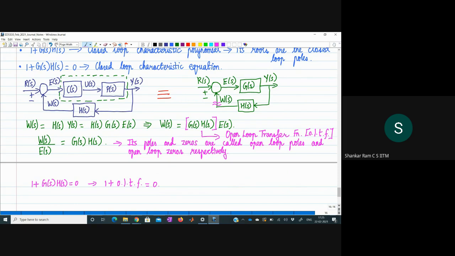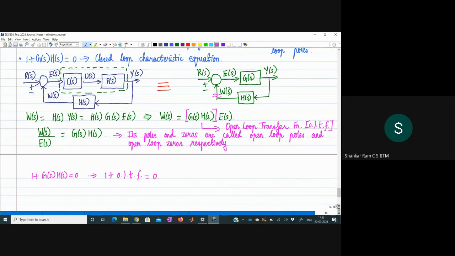We have used that to derive the closed loop transfer function, and we have identified the closed loop characteristic polynomial and closed loop characteristic equation, because the roots of the closed loop characteristic polynomial, and the solutions to the closed loop characteristic equation, are the closed loop poles. We have also looked at a term called the open loop transfer function, which in this case is G of S times H of S. These are the key concepts that we have discussed till now.